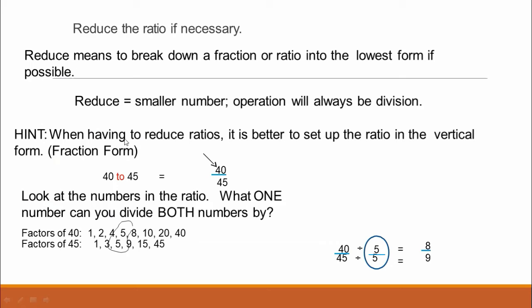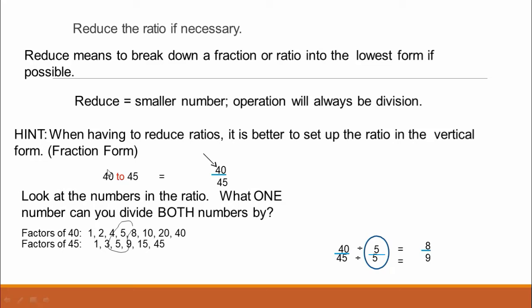When having to reduce ratios, it is better to set up the ratio in the vertical form. First of all, write the ratio in the vertical form and then simplify the ratio of two quantities. Locate the numbers in this ratio: 40 ratio 45. 40 to 45 means 40 ratio 45.